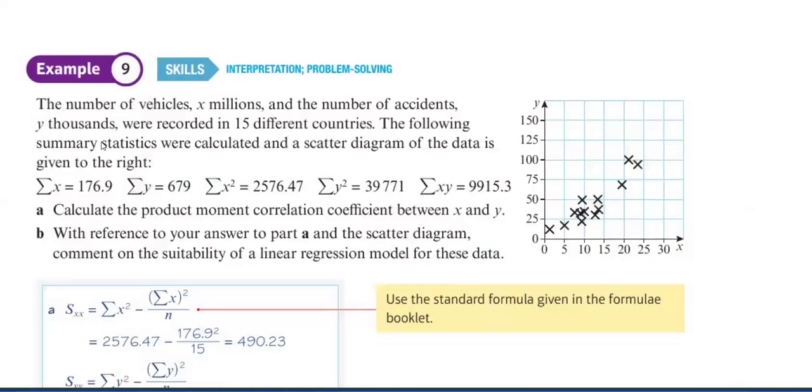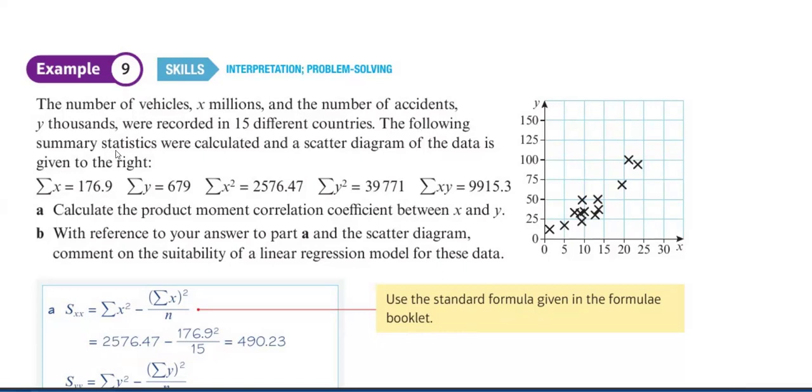In this example, describe about that. The number of vehicles, x in millions, on the x axis, and the number of accidents, y in thousands, on the y axis, in 15 different countries. Number of data equals 50.